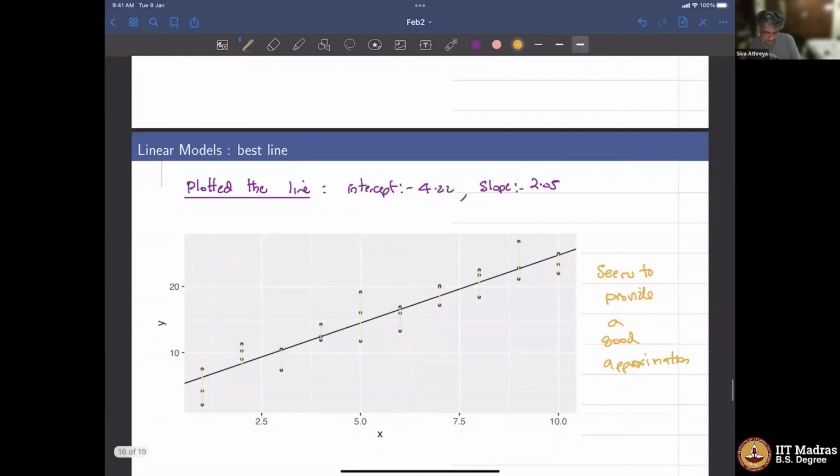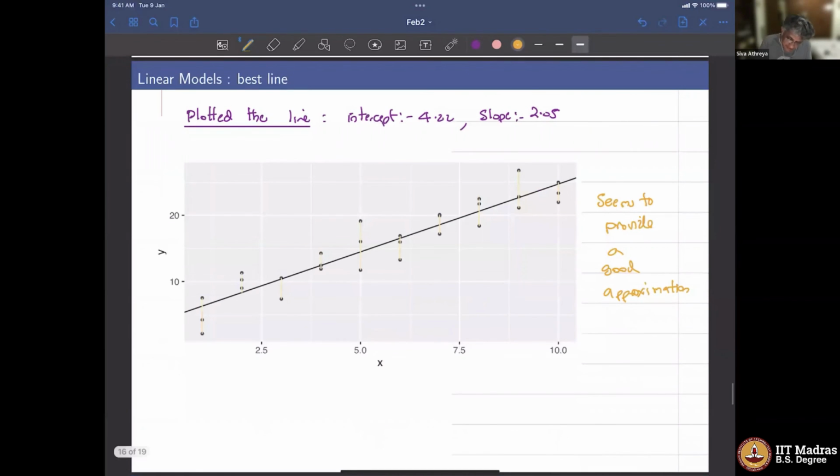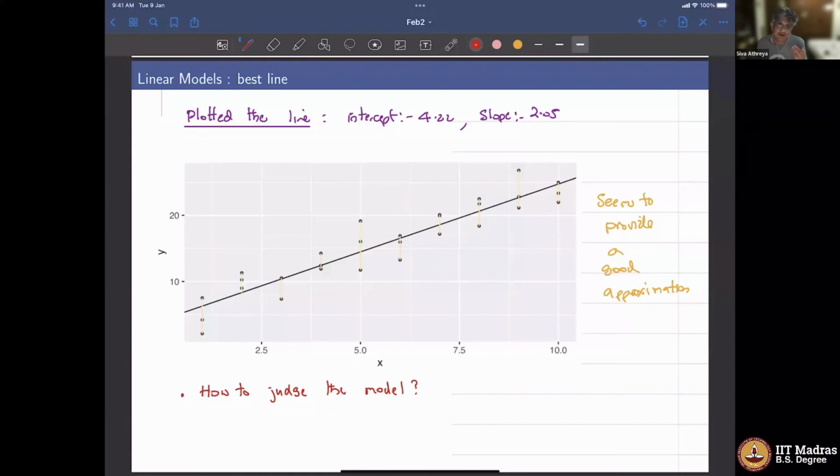Very nice. So in this course, as we go along, we will study various things. One is how to judge the fit, or how to judge the model. So we'll understand that. For example, is the linear relationship the correct relationship? Is something else going on?